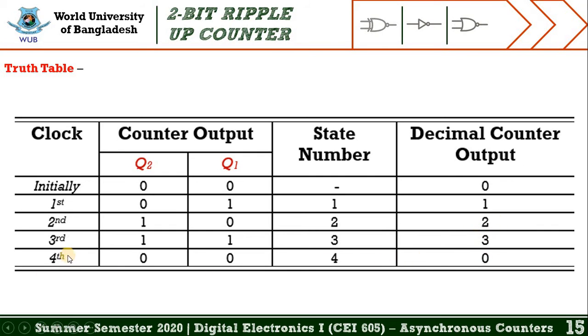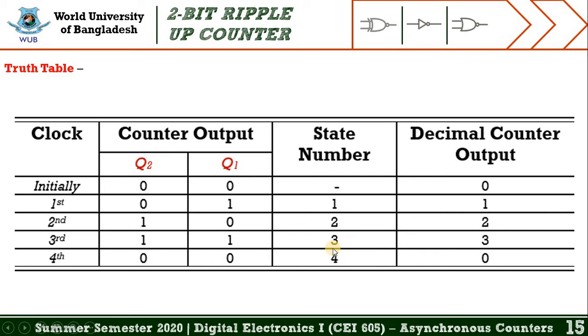And if we look at the fifth row of the clock column, we may find that both the outputs of the counter are 0.